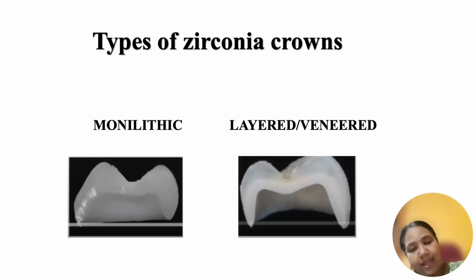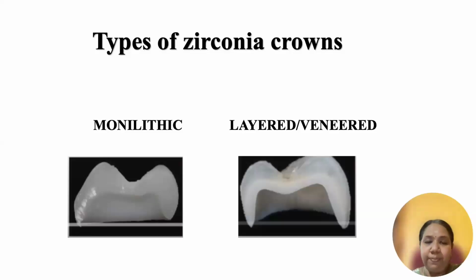Then the other is the layered veneered or sintered crowns. Here, the zirconia is formed by multiple layers which are sintered together. This resists crack propagation, about which we have already spoken. It also ensures that there is no chemical degradation.